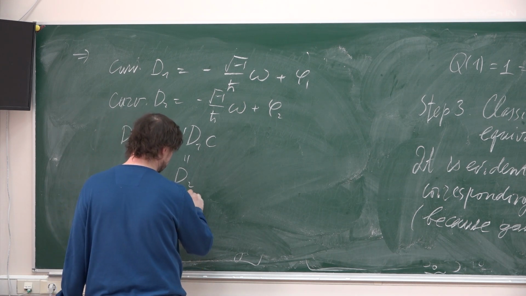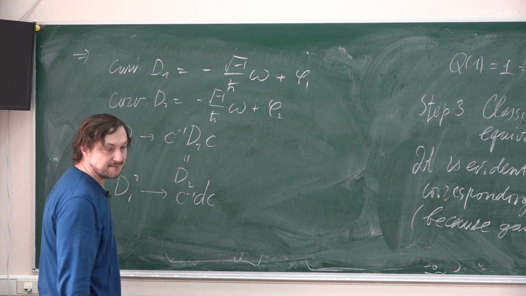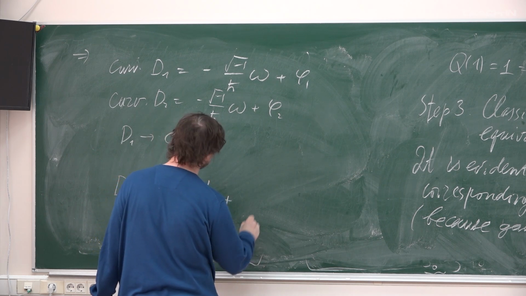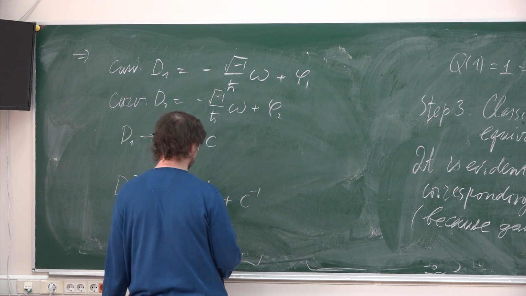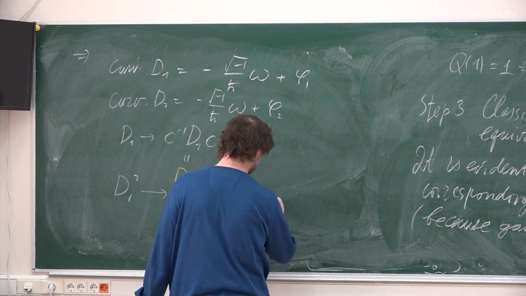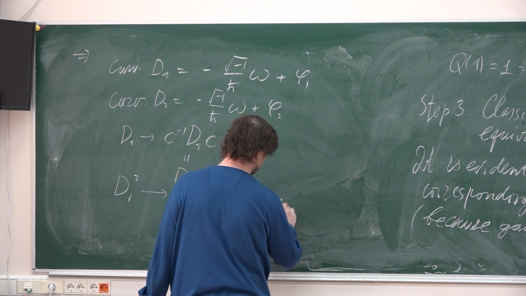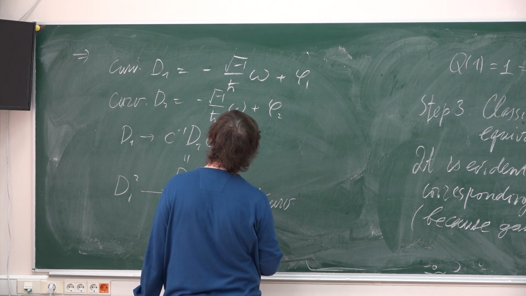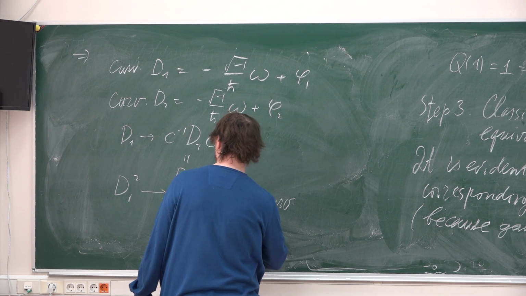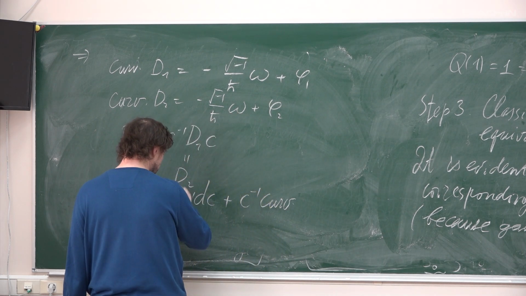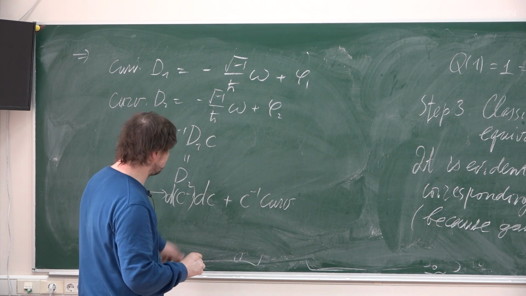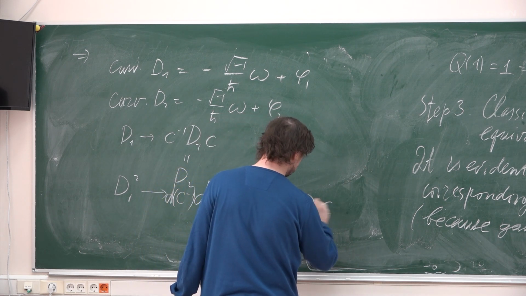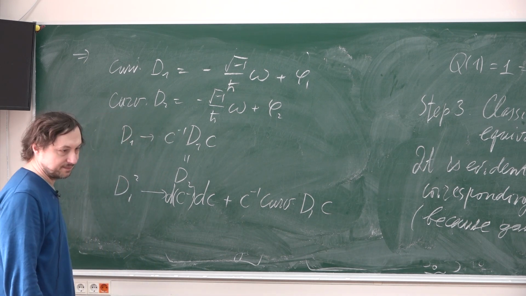But then we'll have C minus 1 DC here, plus C minus first curvature D1 C, something like that, right?